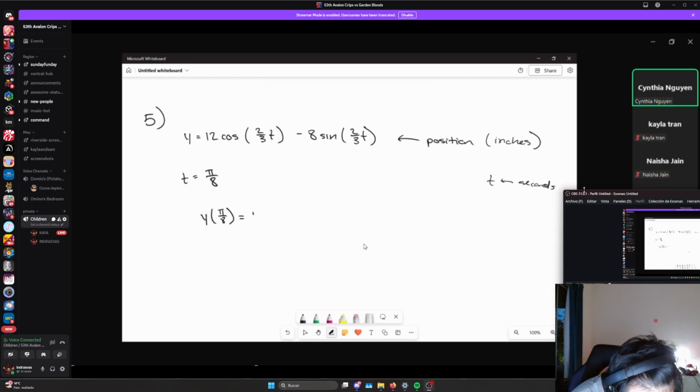So say like 12 cosine of 2 over 3 pi over 8 minus 8 sine 2 over 3 pi over 8. Okay. So simplifying everything down, 2 pi over 24 is pi over 12.